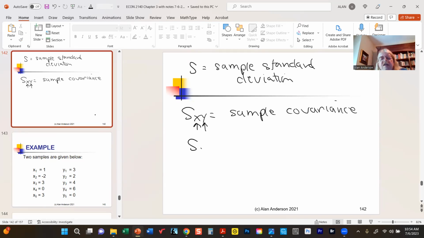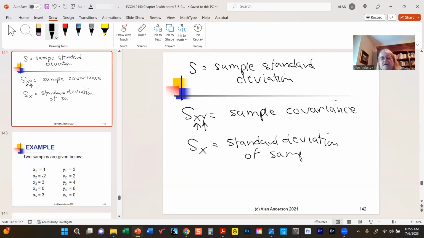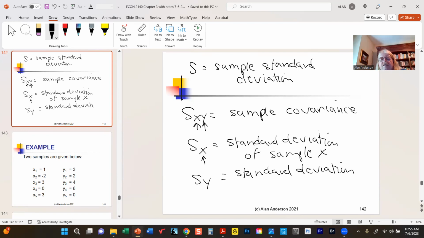And then again, because we have two samples, we're going to write SX is the sample, or let's call it the standard deviation of sample X. And if you notice, you can tell because it only has a single subscript, and then therefore it must be clear that SY is the standard deviation of sample Y. All right, so for the rest of this chapter, I put those out there so you won't be confused when you see the notation.